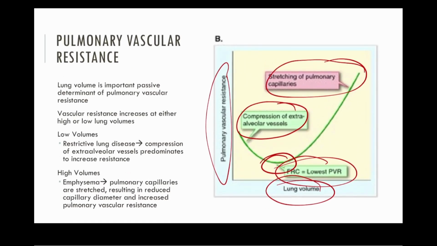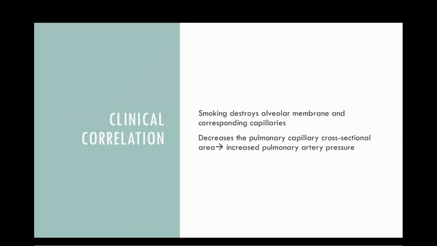Remember, low volume, think restrictive diseases. High volumes, emphysema is where that comes in a problem. Capillaries are stretched, resulting in reduced capillary diameter, increases your pulmonary vascular resistance.